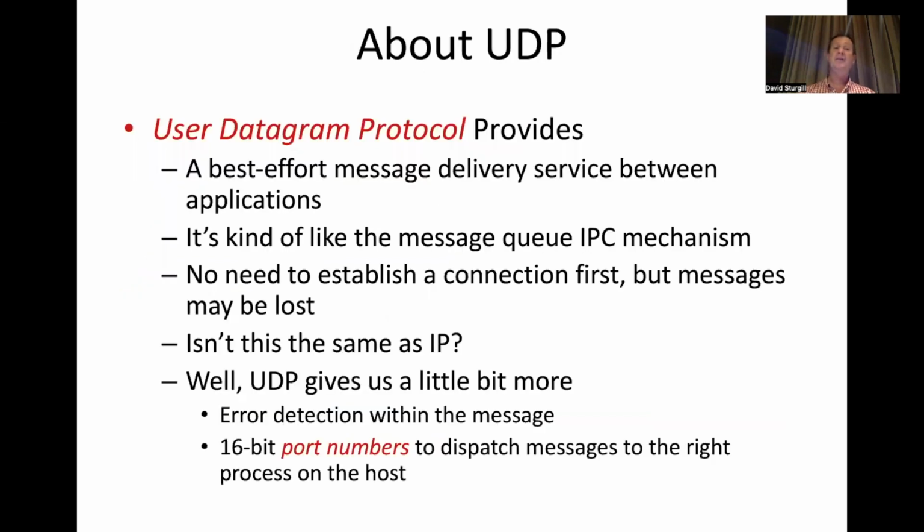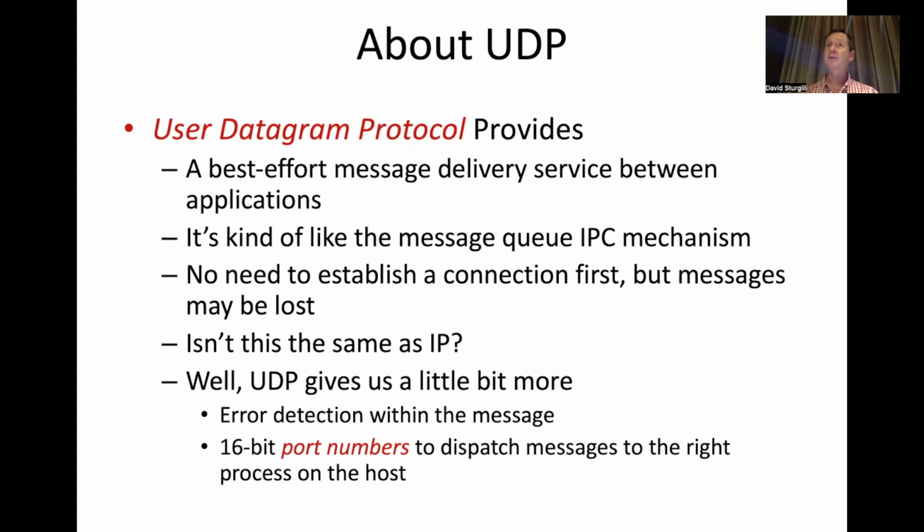Now, we mentioned that UDP provides delivery of whole messages to an application. It's built by taking the best effort packet delivery system of IP and adding additional header information to take care of getting whole messages. For UDP, they call them datagrams, getting whole datagrams from a sender to a receiver.